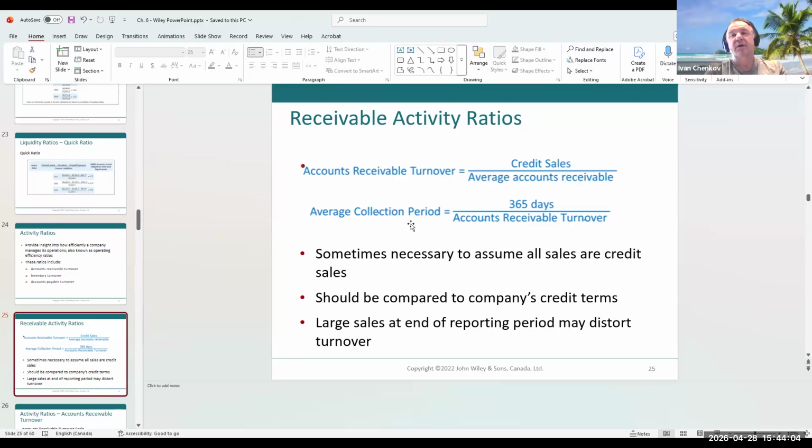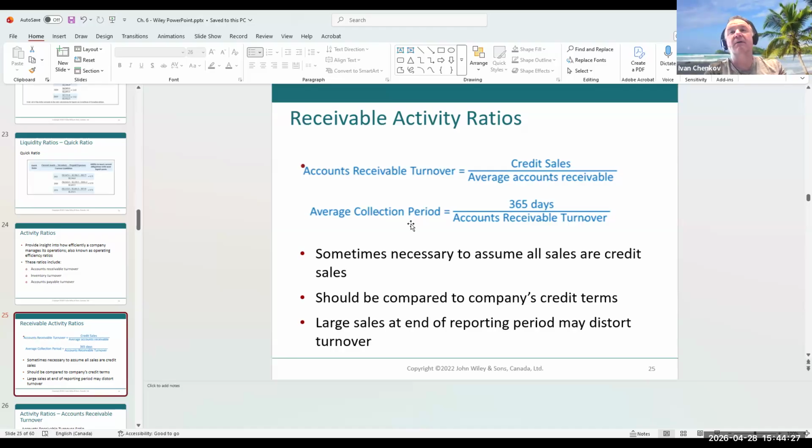Then the question is, what will be our numerator? The numerator to calculate the average collection period will be the number of days that we have per year. Per year, you usually have 365 days, unless every 4 years we have 366. So let's think about it. What's a good number for us here?